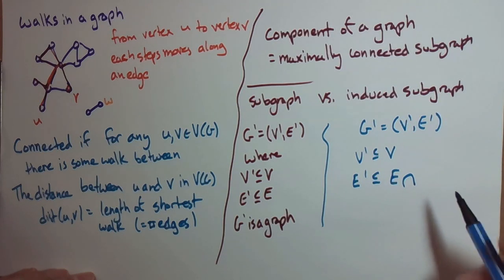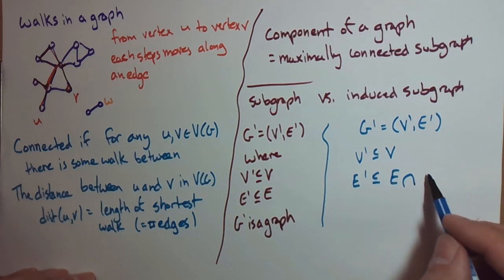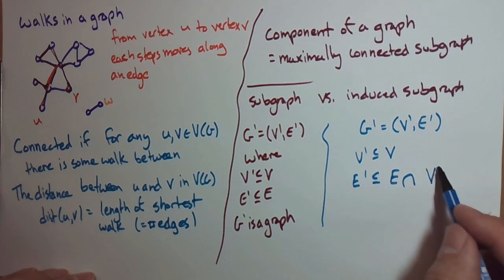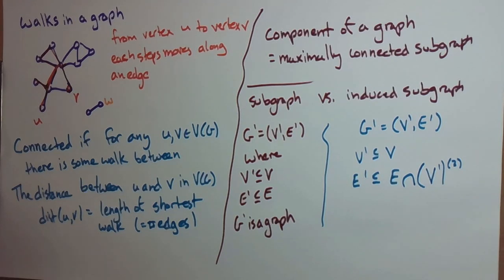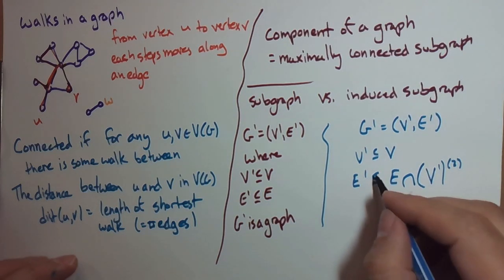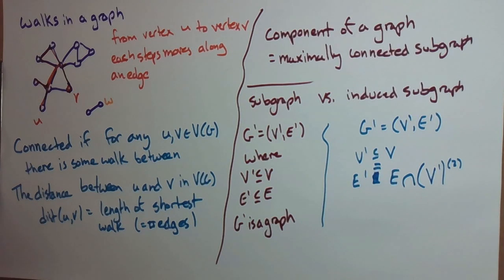One way to define it is take V prime choose 2. Remember, this is all your 2-element subsets, so it's all possible edges that you could take. You want equals, not subset. Oh yeah, you're right. And do we need to worry about being a graph? No, it's just automatic because life is good.